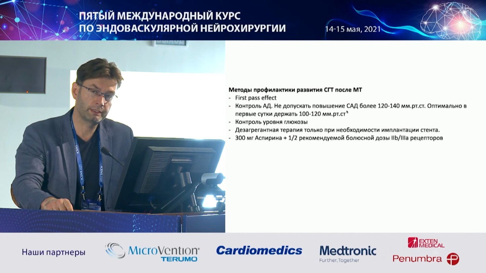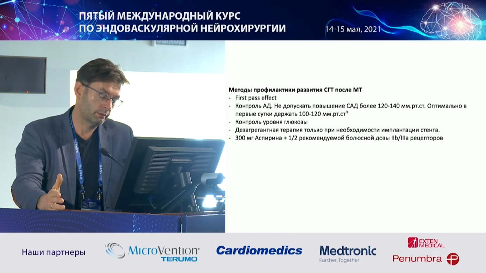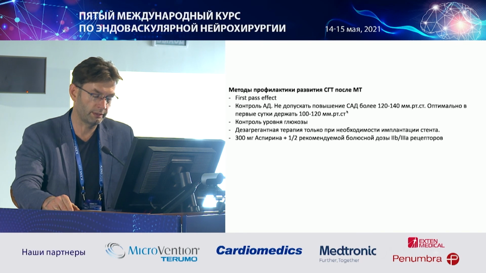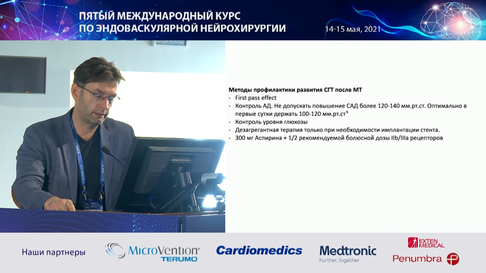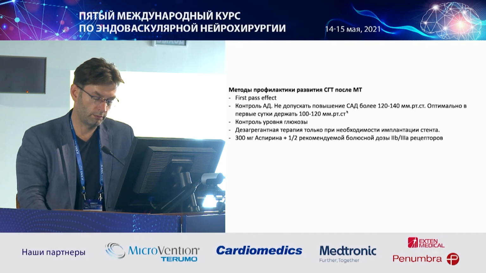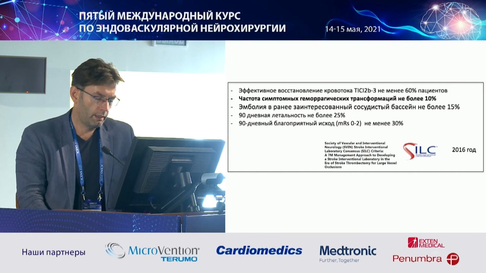Then we give them the other half of the bolus of glycoprotein receptor blockers, and our philosophy then requires that aspirin starts to work and we stop giving the blockers. Then we perform CT in 12 hours, and if we see no bleeding, we put the patient on a standard dose of Plavix.